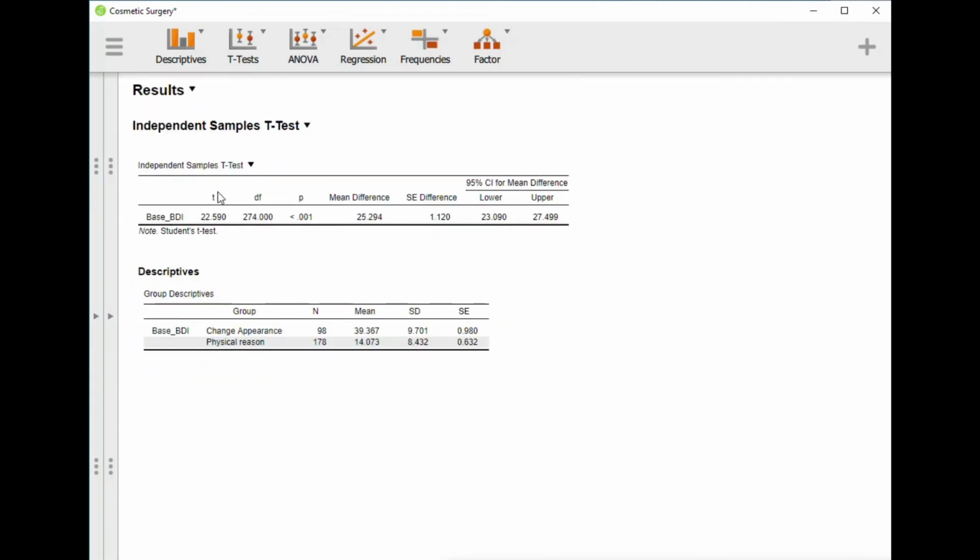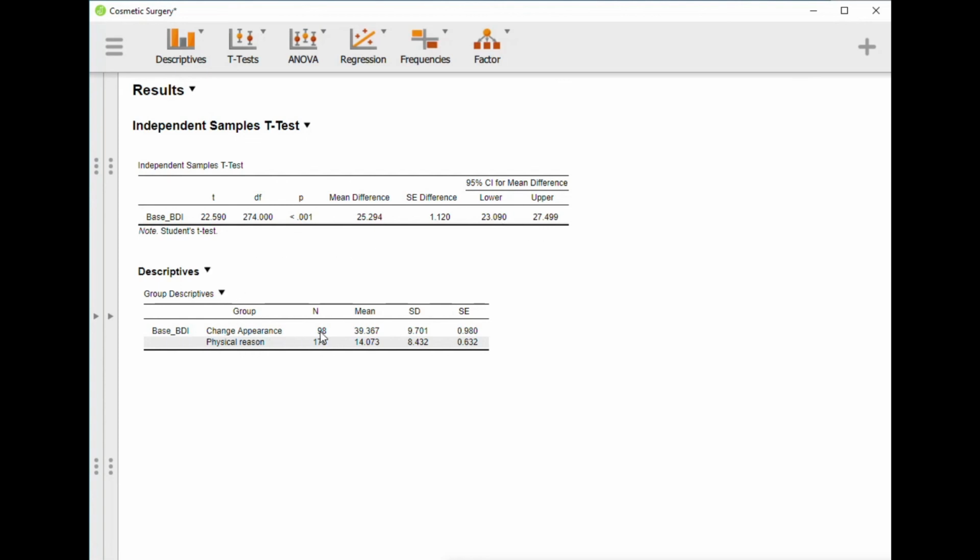We can see here's our T value, degrees of freedom, P value, the mean difference and the confidence interval for that mean difference. Notice 0 is not in here, which matches the fact that it is significant. We would not expect to see 0 in here if it's significant.